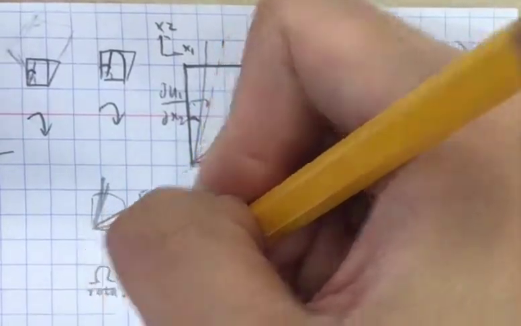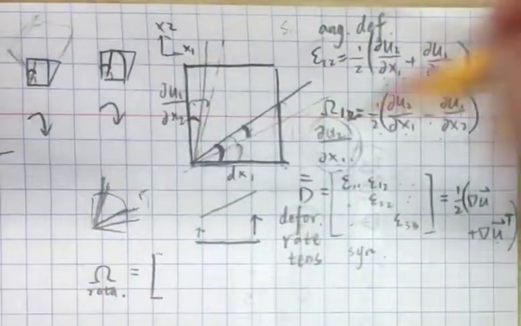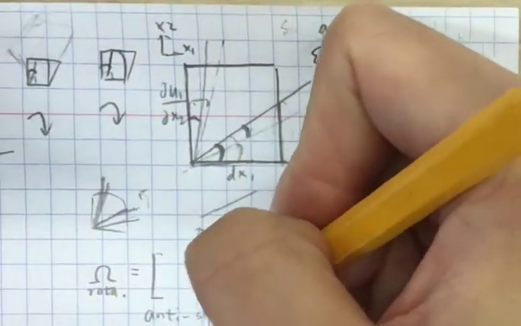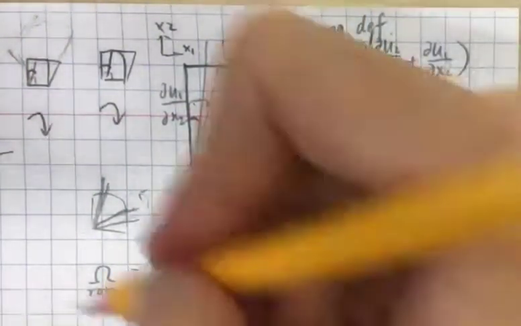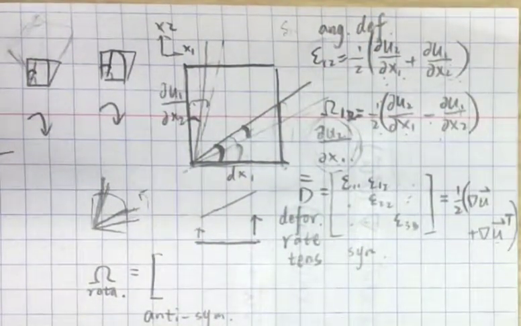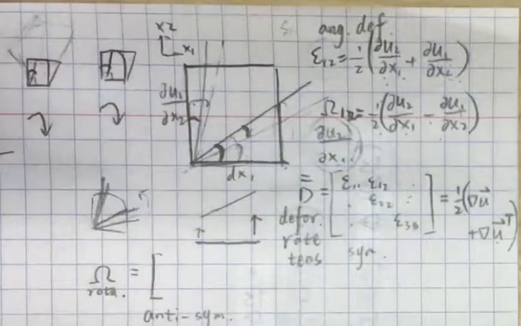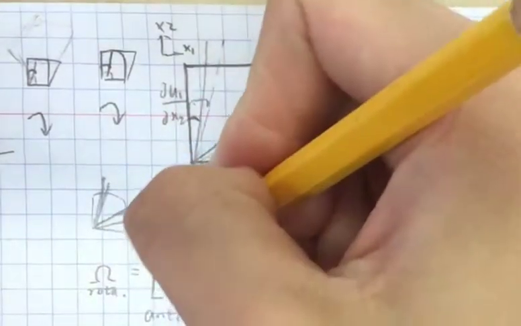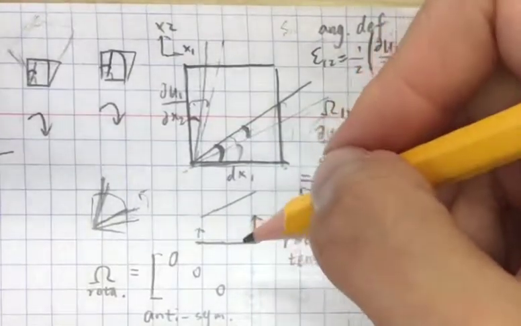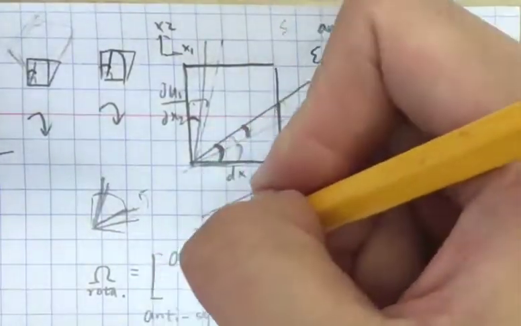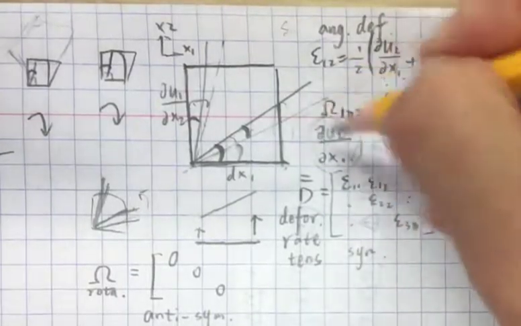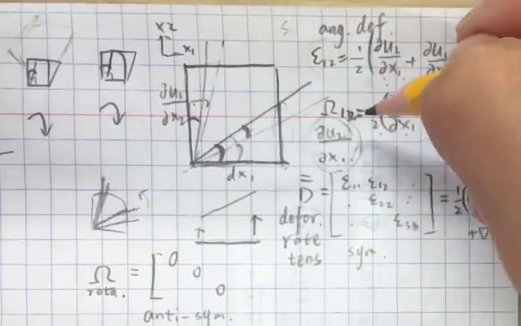And as I have said, the omega tensor is an anti-symmetric tensor, which means omega ij equals minus omega ji. On the diagonal, we'll have zeros, and on the other entries, we will have the rotations.